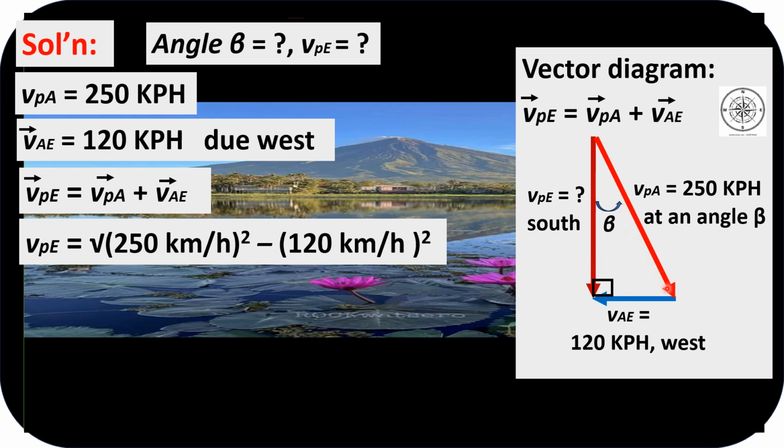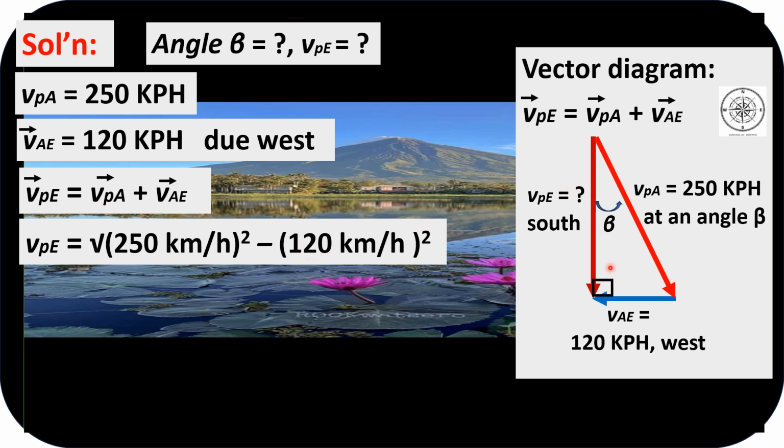And v sub AE, the vector arrow in blue, happens to be the opposite side of the angle beta. And the arrow representing v sub PE happens to be the adjacent side, the one we are calculating.